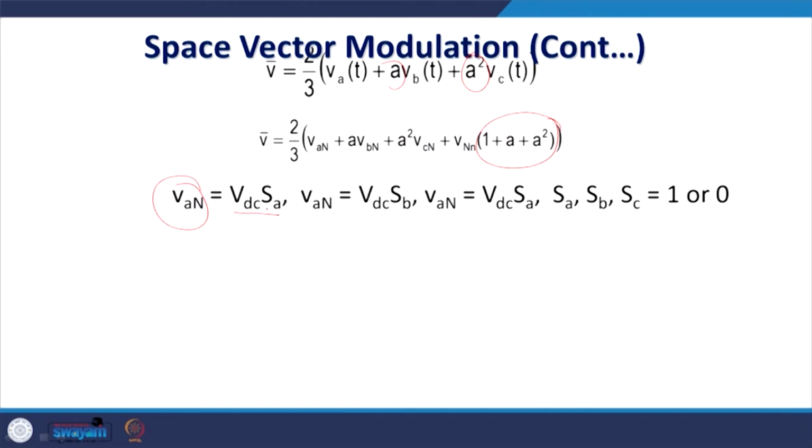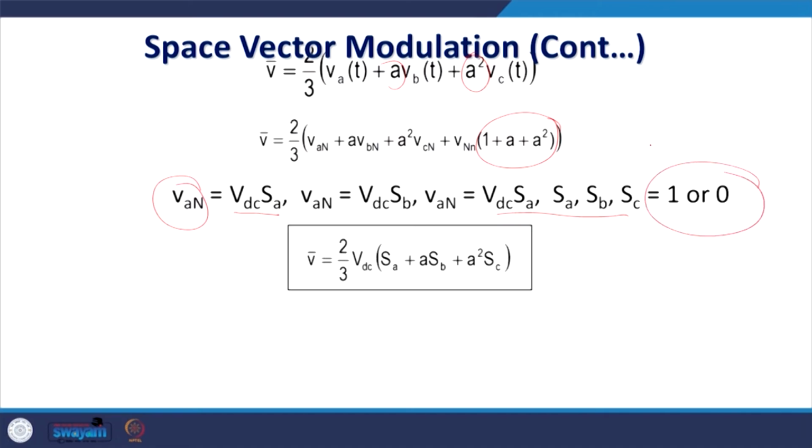Similarly, VBN will be equal to VDC into SB, and thus VAN, VBN, VCN equal VDC into SA, SB, SC, depending on whether it is 1 or 0.